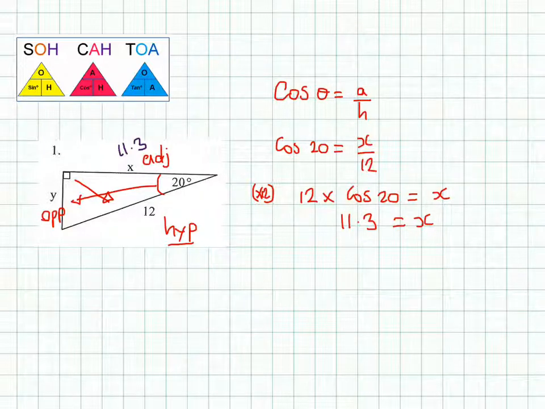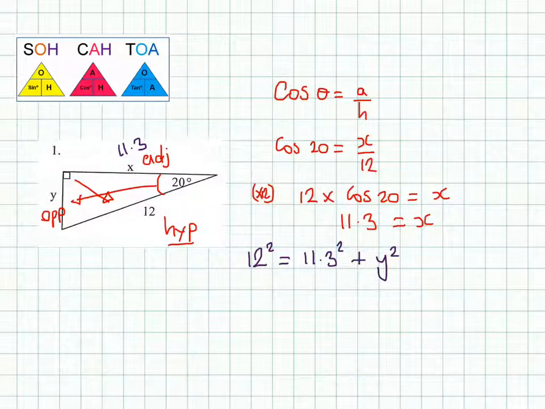So here we go. Remember, Pythagoras says we need to start with our hypotenuse first. So we're going to start with 12 squared. That equals 11.3 squared plus y squared. If you are completely lost at this point with Pythagoras, you need to go and watch that video.